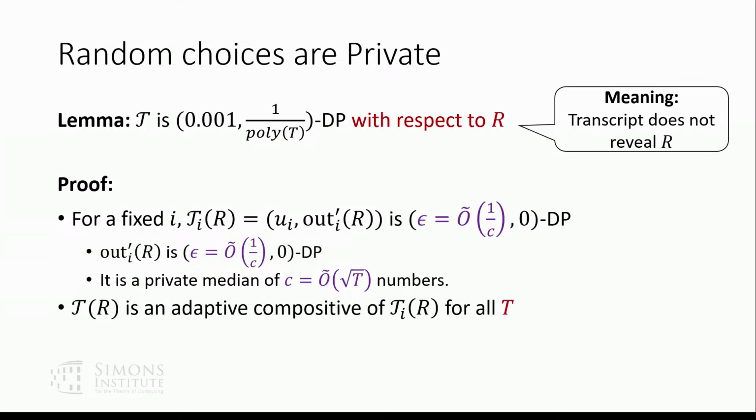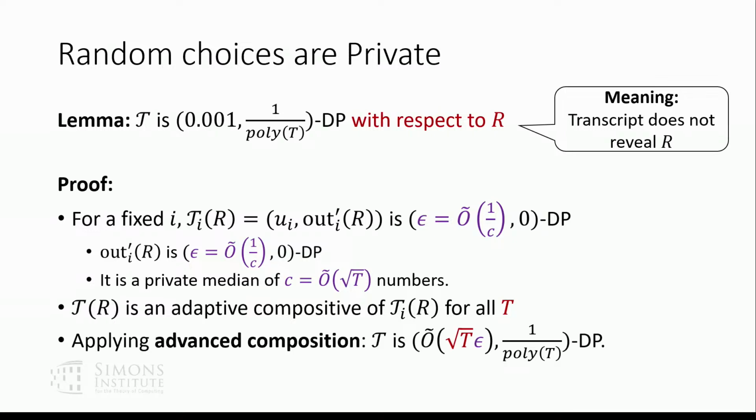But once you look at the transcript over all time steps, this is just the adaptive composition of the T_i over all T. And then you apply advanced composition, and your privacy gets worse by a factor of √T, because this is the adaptive composition of T many things.